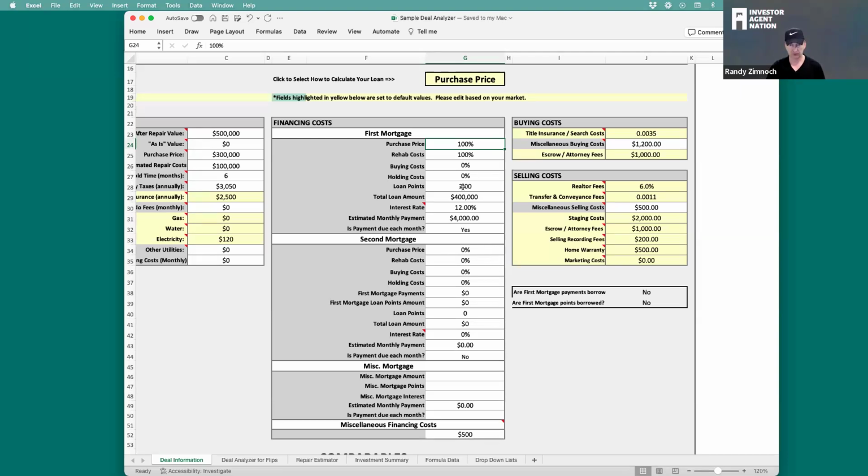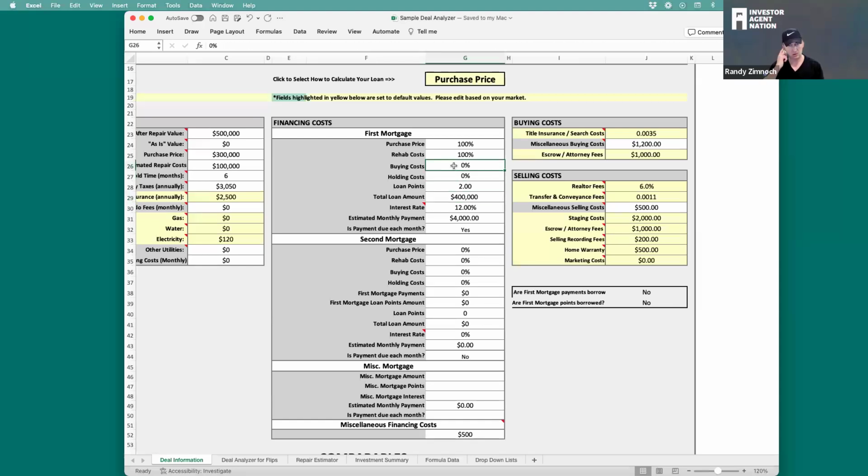So I would put 2 points right here, loan points, and the interest rate is 12. That makes the loan amount 400,000: purchase price of 300 plus a rehab cost of 100,000. So that's why the loan amount becomes 400,000.